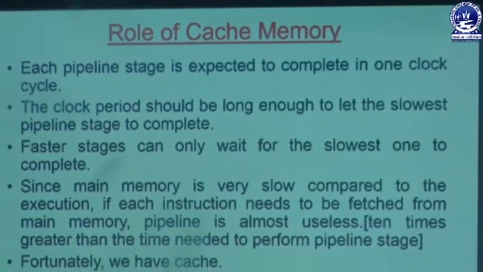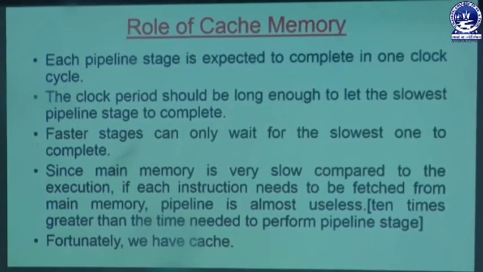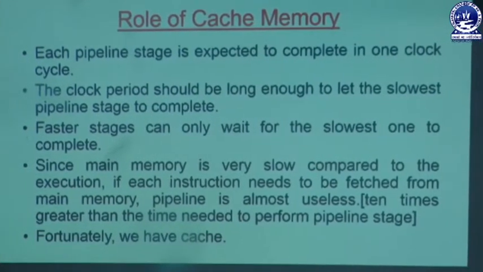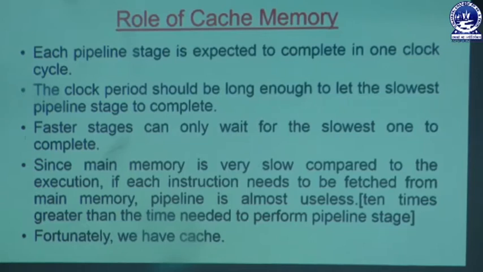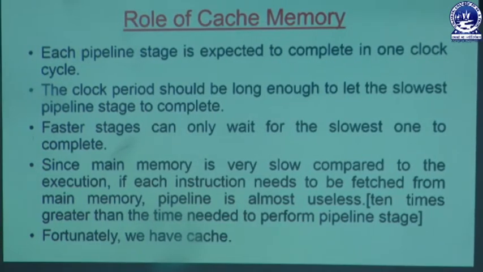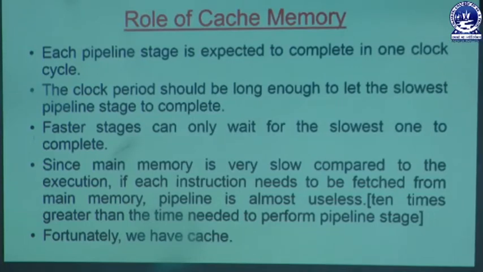So we know that each pipeline stage is expected to complete in one clock cycle. When we divide the pipeline into a number of stages, each stage has to be completed in one clock cycle, and the clock period should be long enough to let the slowest pipeline stage complete.